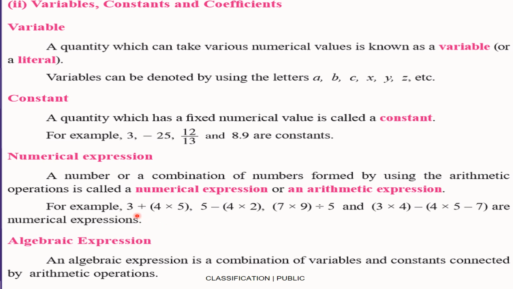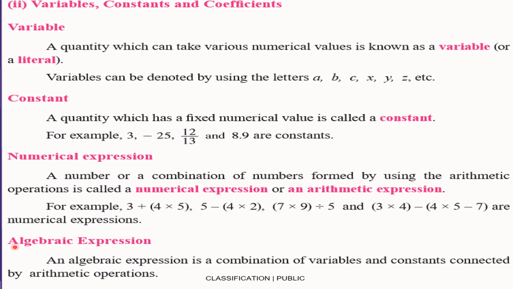For example, 3 plus bracket of 4 into 5, and 5 minus 4 into 2, bracket of 7 into 9 closing bracket divided by 5. These are arithmetic expressions or numerical expressions.